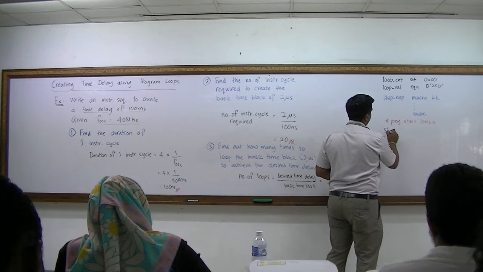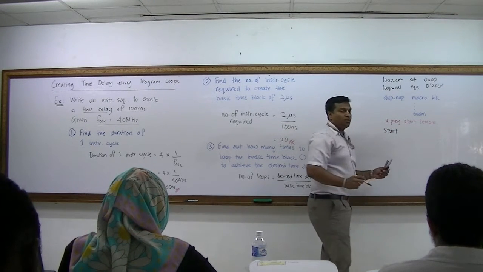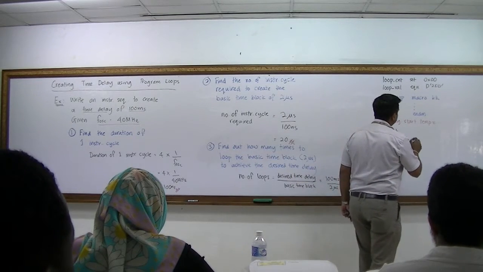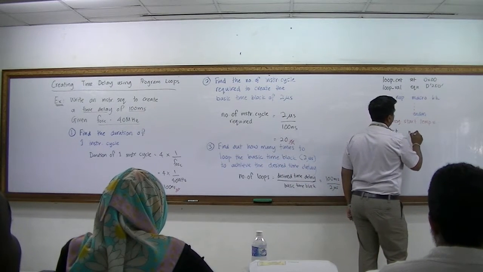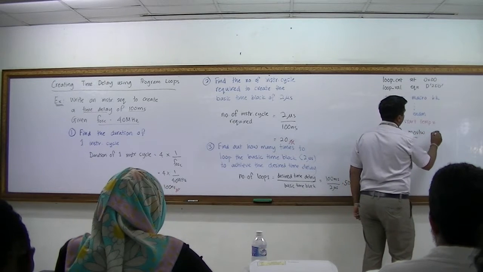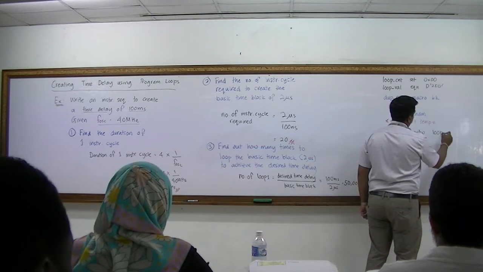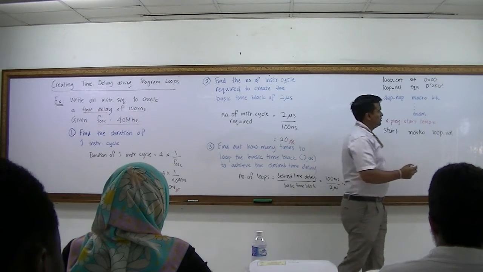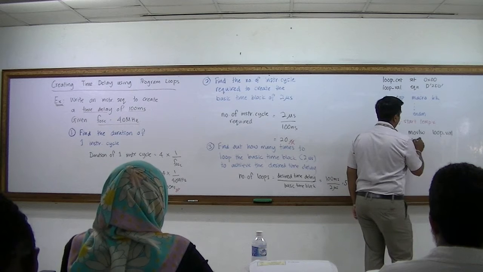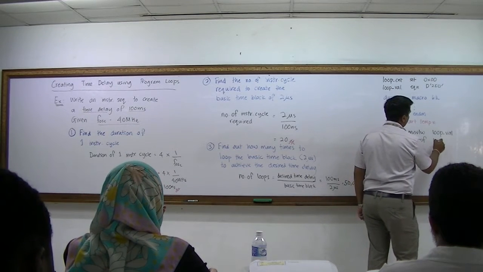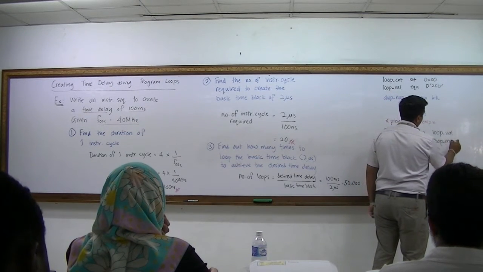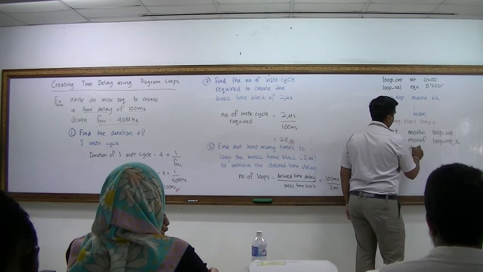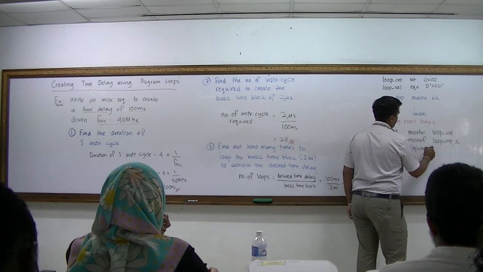Then here's where you have your main program. In the main program, what we did, I'm referring to yesterday's example, we moved the pattern of the working register to count. Then we call duplicate no operation.